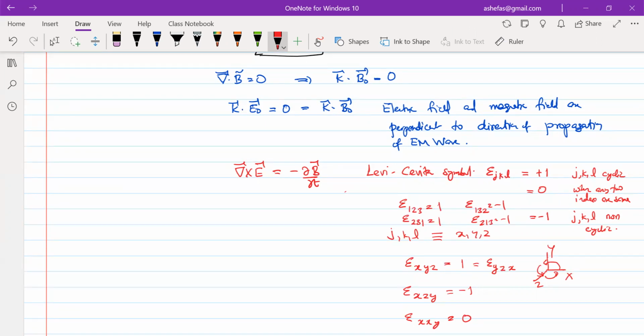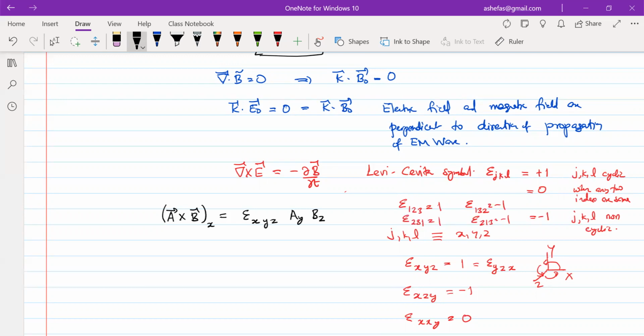Okay. Now, what is the importance of the Levi-Civita symbol here? The Levi-Civita symbol can be used to represent a component of a cross product. Suppose you have A cross B, and you want to know the x component of A cross B. We can write it with the Levi-Civita symbol: the first index is x, then y, z, epsilon x, y, z, then A y, B z.